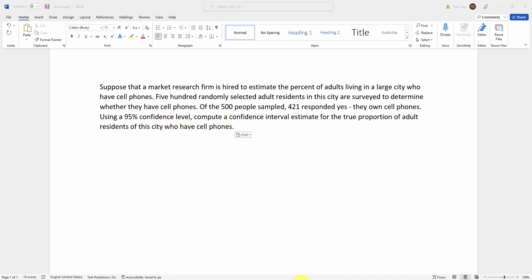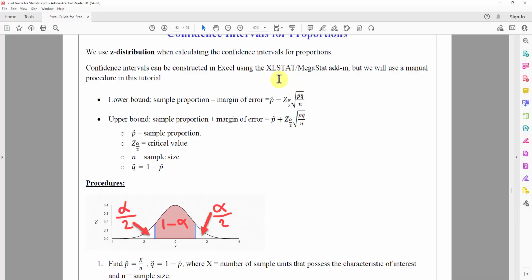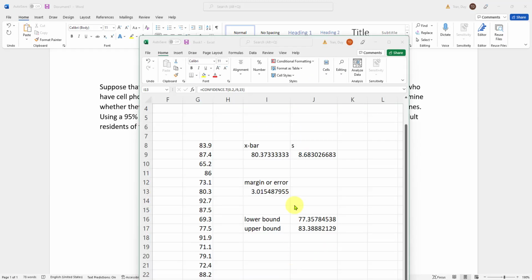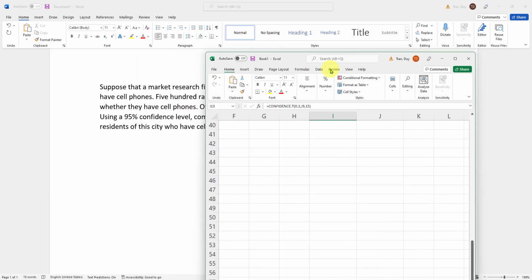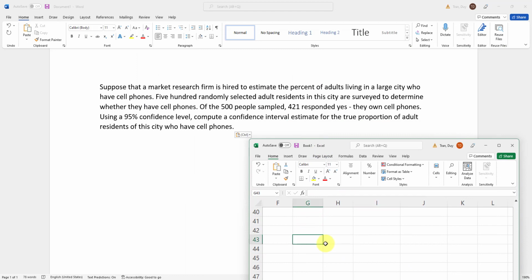Alright, so going back to what we saw earlier, we need to find the sample proportion p-hat, and we need to find the critical value z alpha over 2. Okay, so open Excel. I'll find p-hat first. Now p-hat is equal to what?